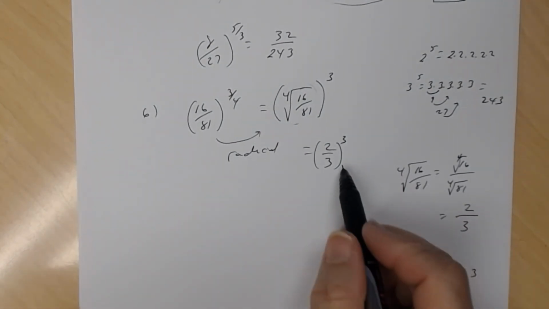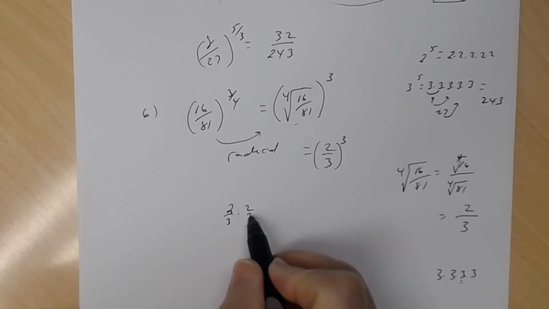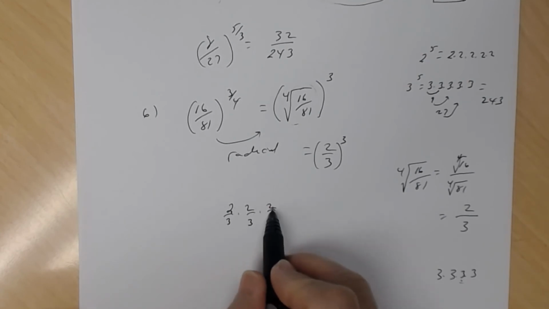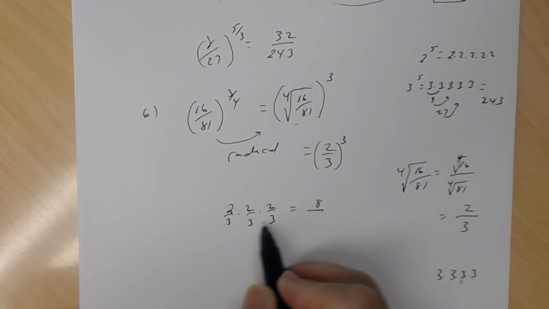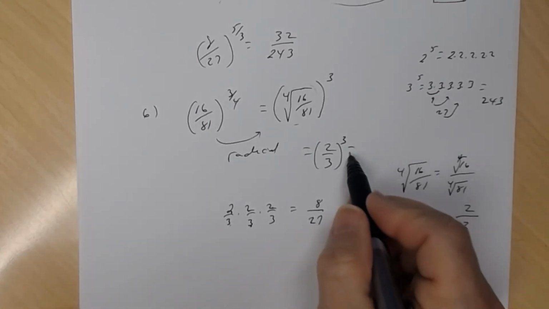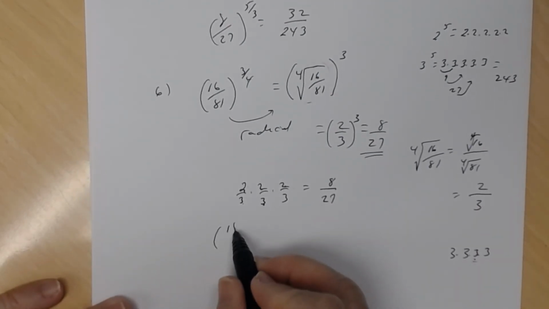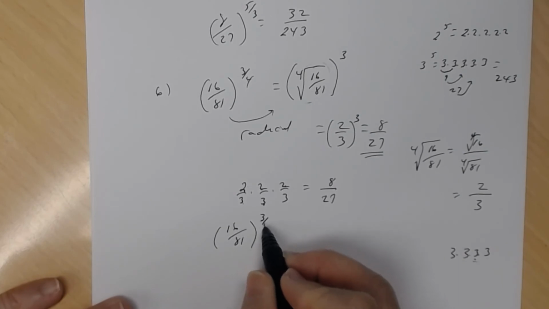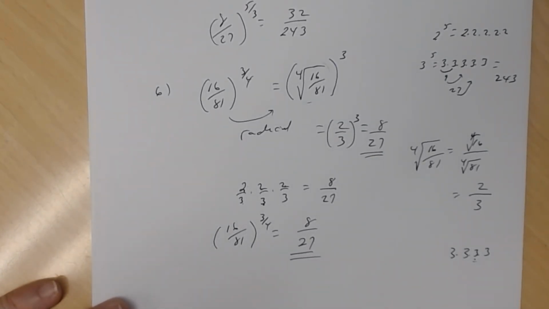And 2/3 raised to the 3rd power means 2/3 times 2/3 times 2/3. So 2 times 2 times 2 is 8, and 3 times 3 times 3 is 27. So 16 divided by 81, all raised to the 3/4 power, becomes 8 divided by 27.